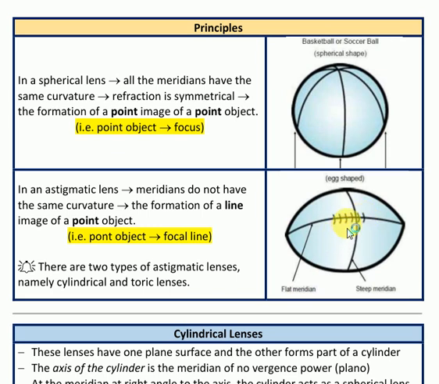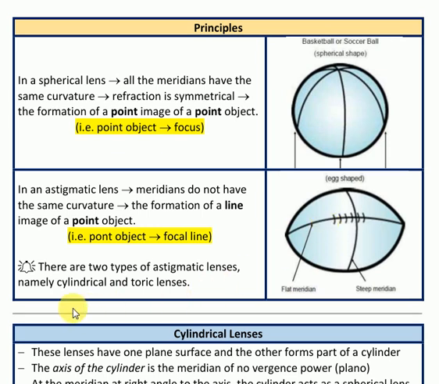So there is no formation of point image, there is formation of a line image. There are two types of these astigmatic lenses: one is cylindrical lens and another is toric lenses.